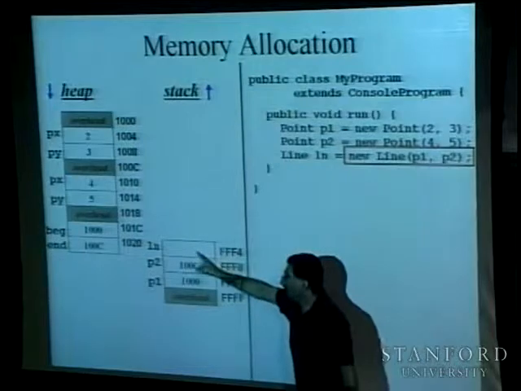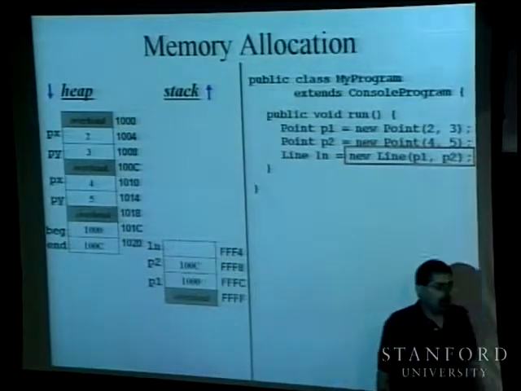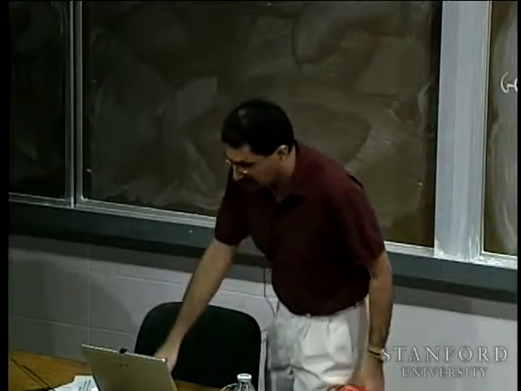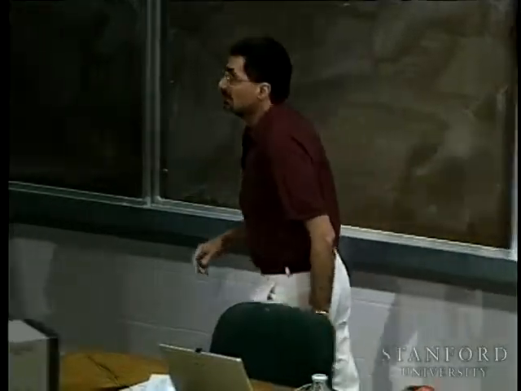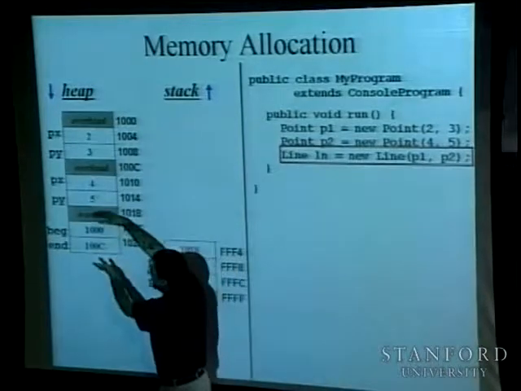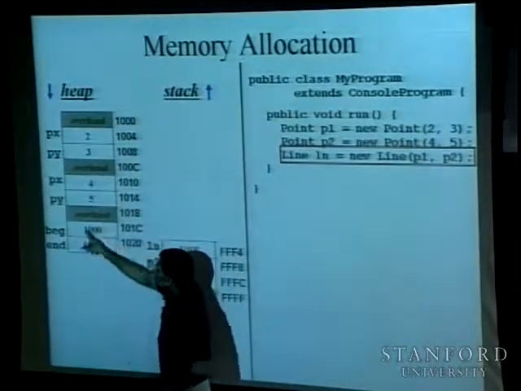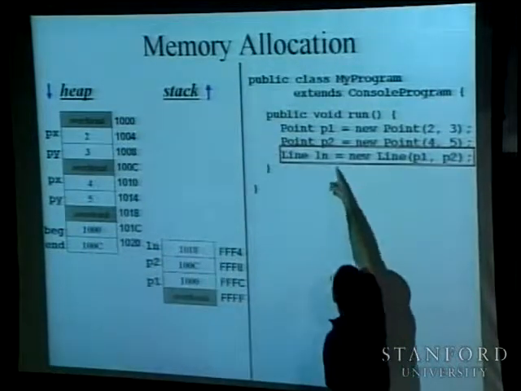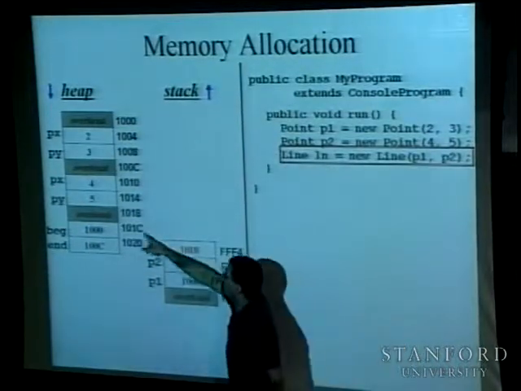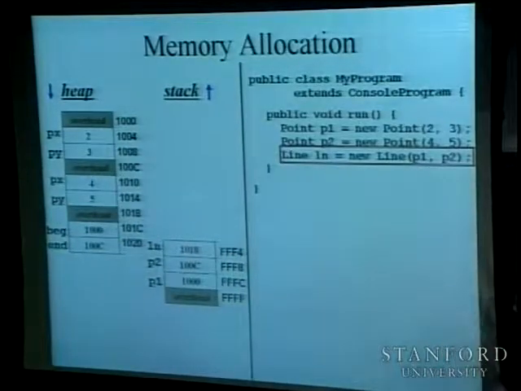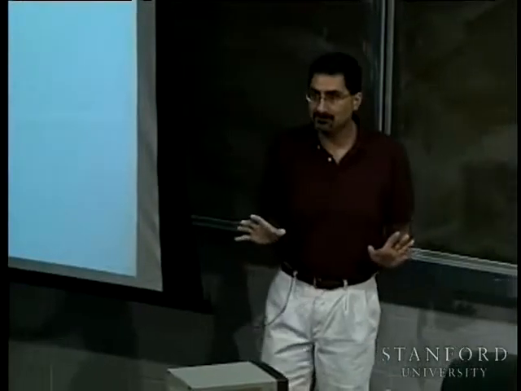So the variable line, which is over here on the stack as a local variable, finally gets assigned the address of the line object on the heap, which is at 1,018. So when the whole line executes, it has set aside memory with new, called the constructor, had the constructor fill in the initial values, and then what gets assigned to line is the beginning memory address of the object allocated on the heap. Okay? Any questions about that?